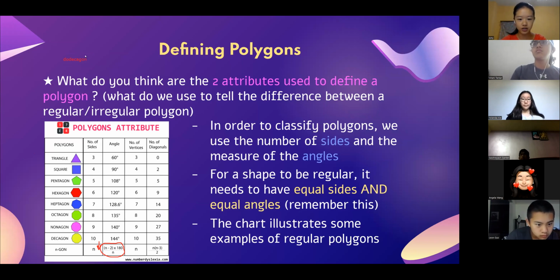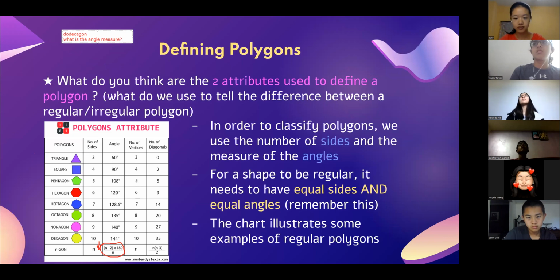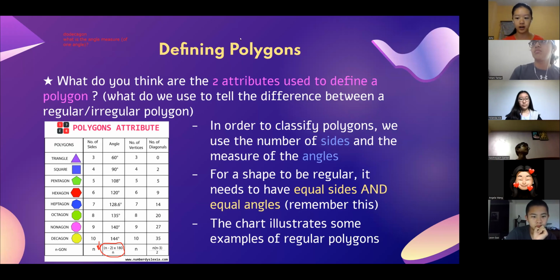And the formula is circled. Dodecagon, so 12 sides.